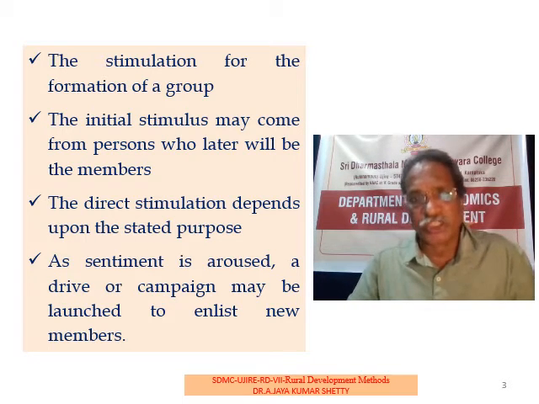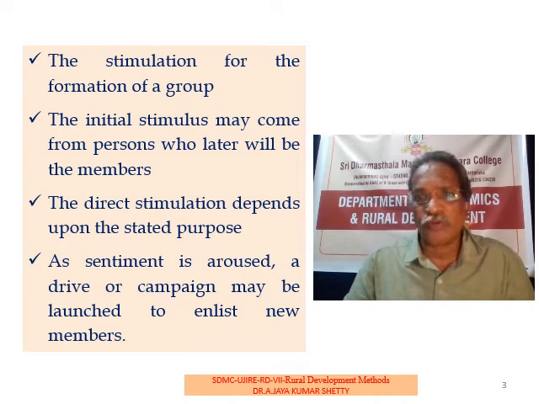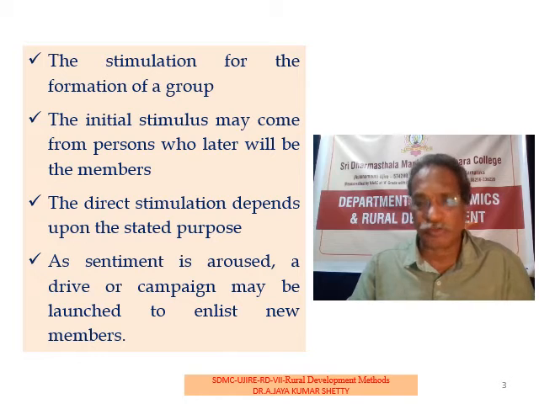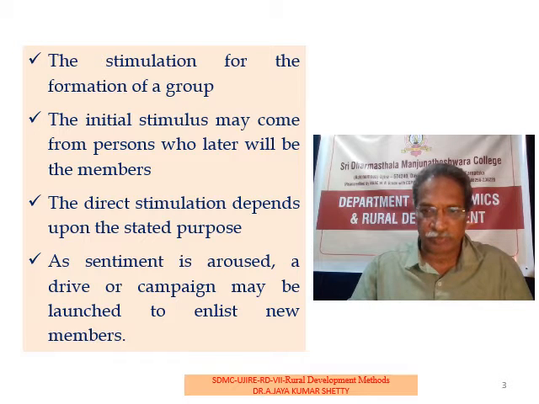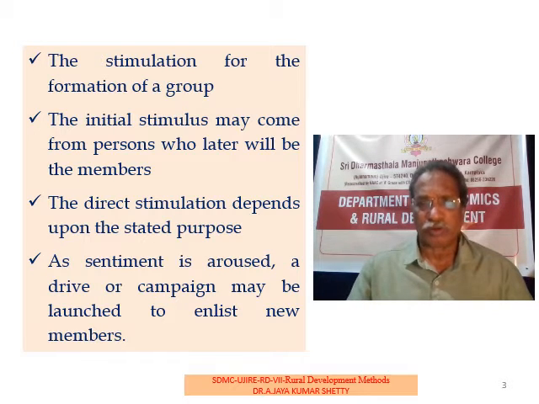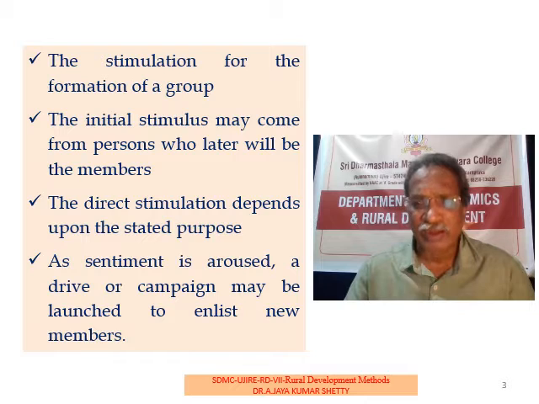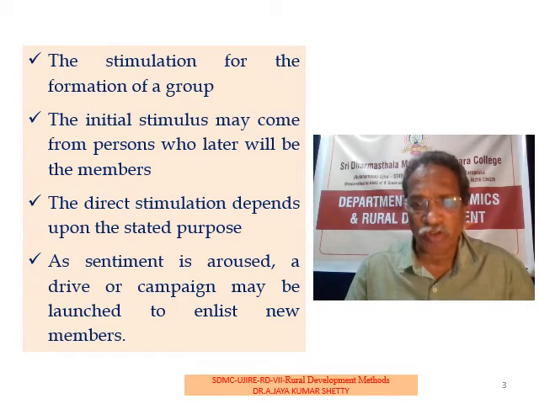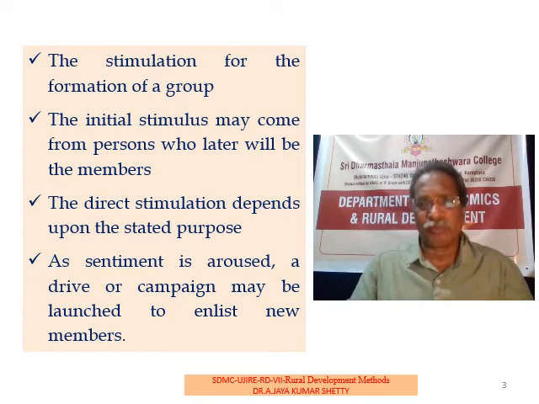The stimulation for formation of a group may begin in a mass meeting of persons who become conscious of the need for some kind of organization. See, if some people feel that there is a need to have Vanamotsava, to protect, enrich, and conserve the environment, they may form a meeting.